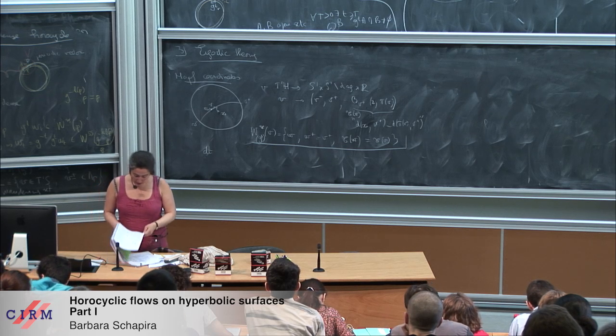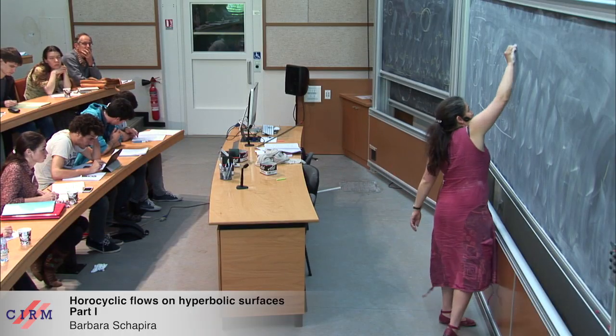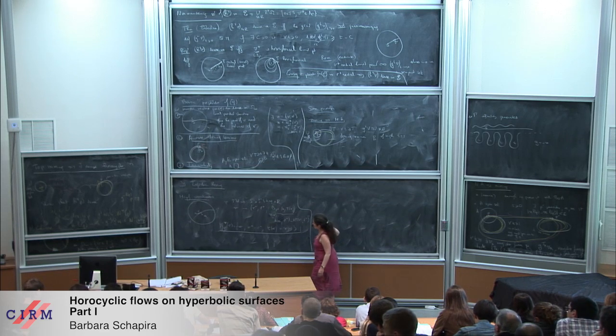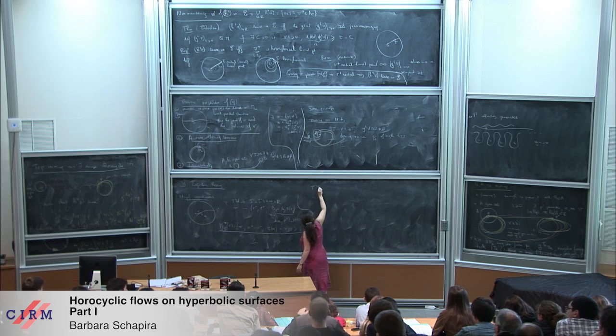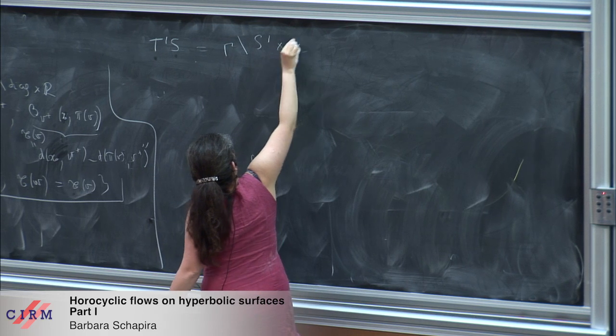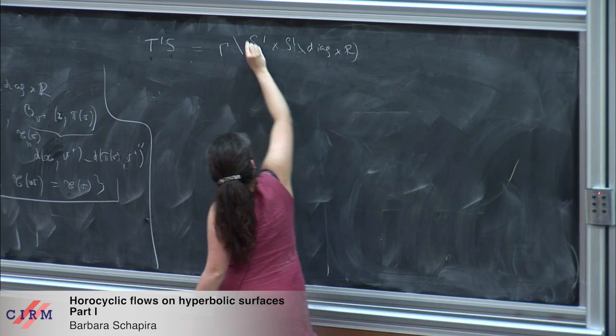Okay. Now I would like to make a remark which was used by Frédéric, but I will say it again. The unit tangent bundle of the surface is the quotient of the boundary times the boundary minus the diagonal times R by the group.